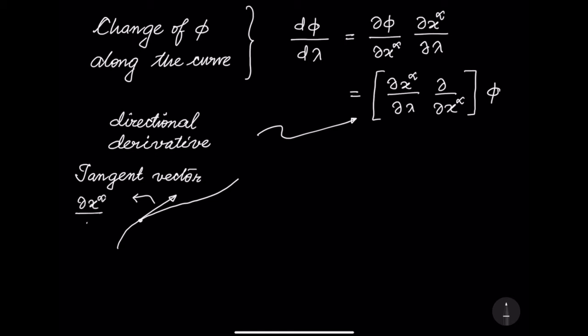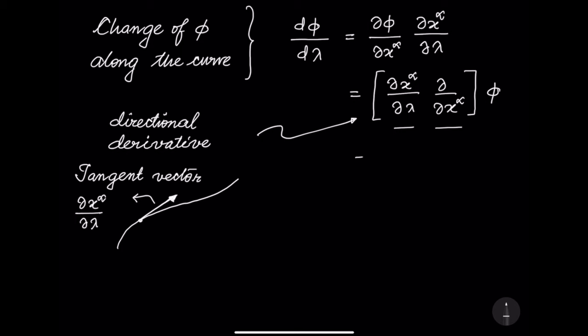And all we are doing is taking the derivative in the direction of the tangent vector, because that's what is being done here. It can be written in terms of a dot product, though it is not written in the same way. If I have a metric, it can be written in terms of a dot product. Okay, so that's why I call it a directional derivative.